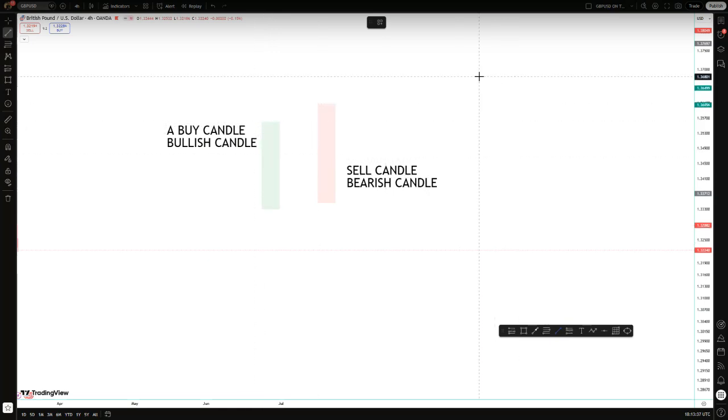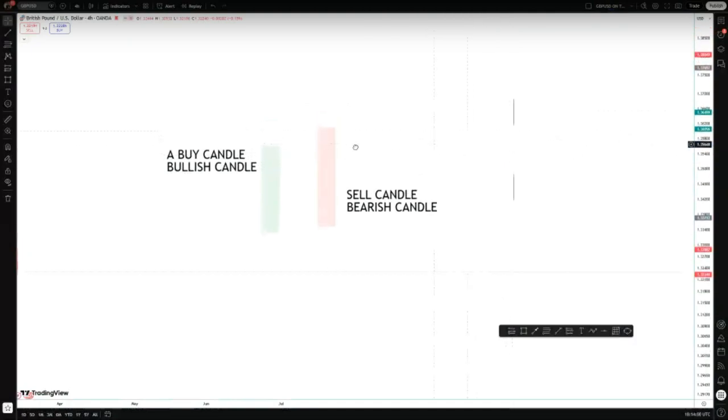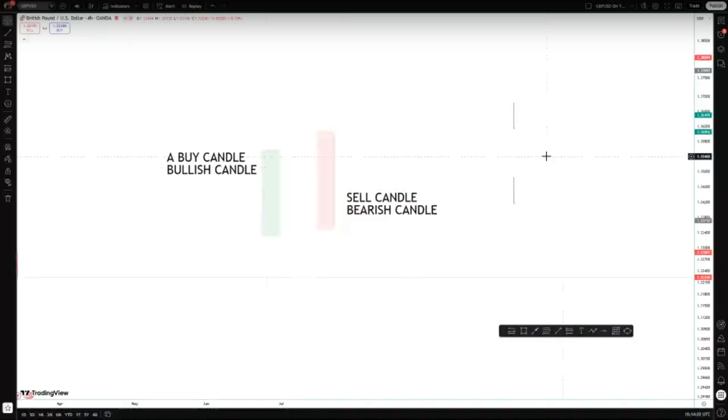Let me just draw another one, a candle anatomy. This candle anatomy is majorly about the parts of a candlestick and what a candlestick looks like.